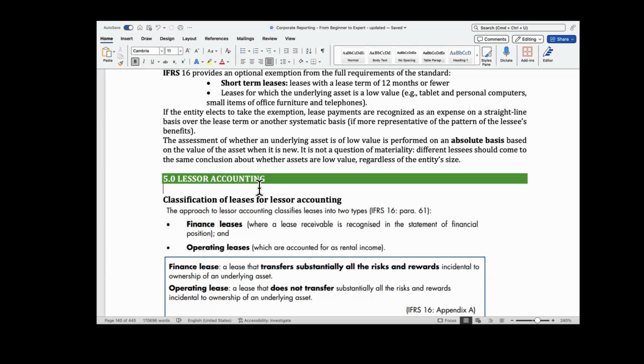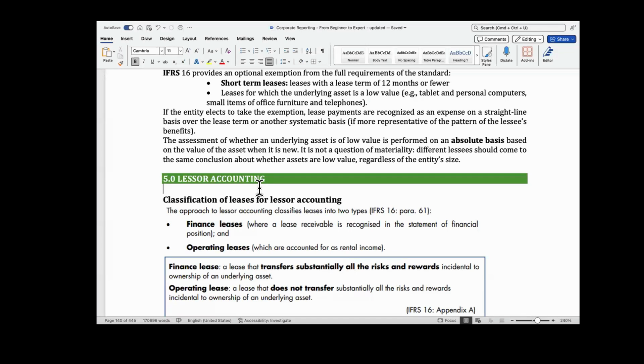And to resolve that, the lessor needs to understand and identify the types of lease he has entered into. If it is a lease that transfers substantial risk and reward attributable to the ownership of that asset to the lessee, then you would derecognize that asset.